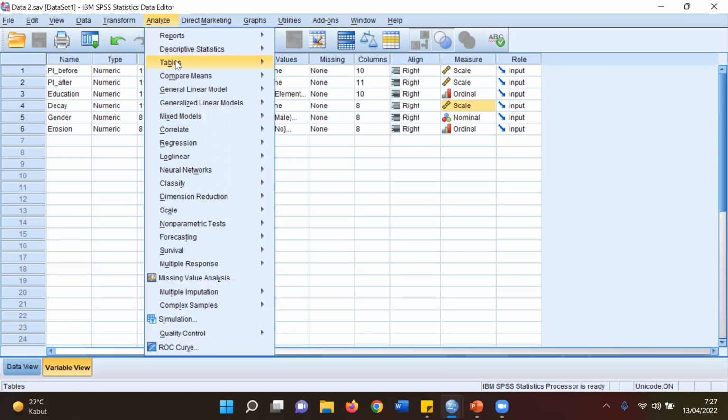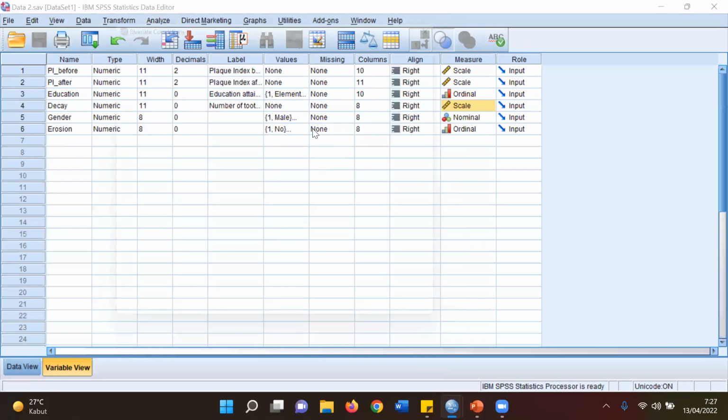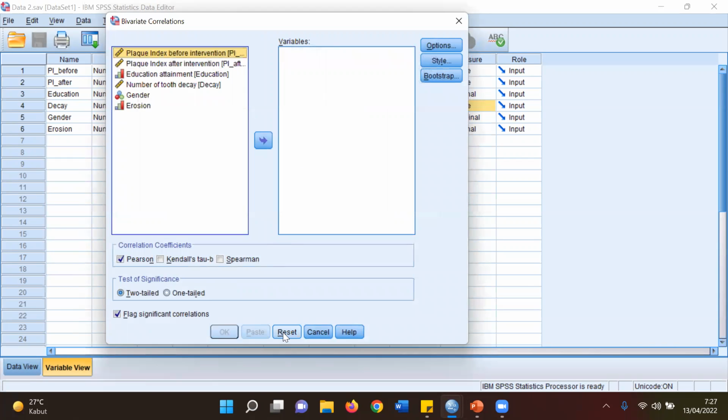You can go to Analyze, then Correlate, then Bivariate, and then you just reset it and put in the plaque index after and also the number of decay. Because by default it's Pearson, you have to unclick the Pearson and click the Spearman, because one of the variables is not normally distributed. The plaque index after intervention is not normally distributed. So you should use the Spearman correlation coefficient and then just click OK.